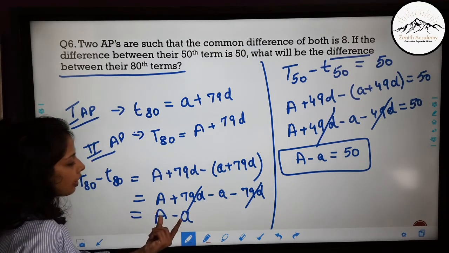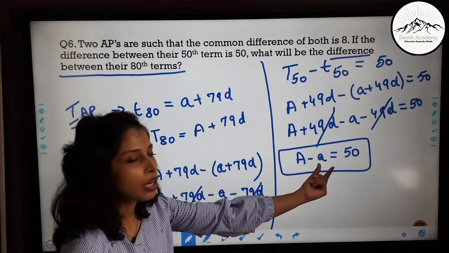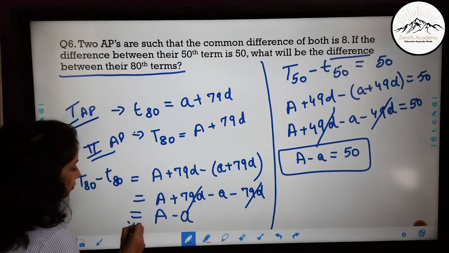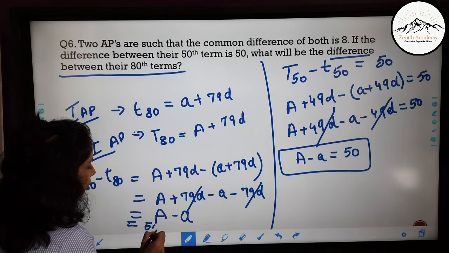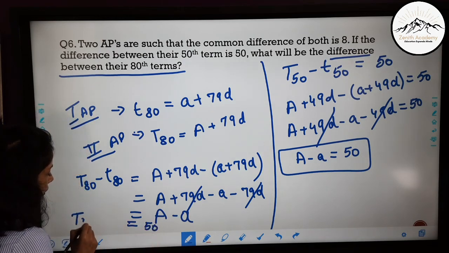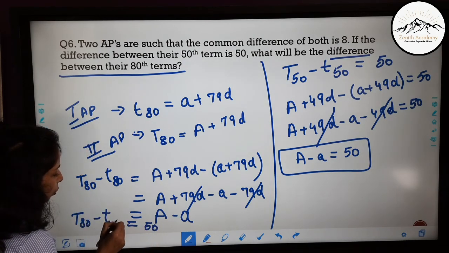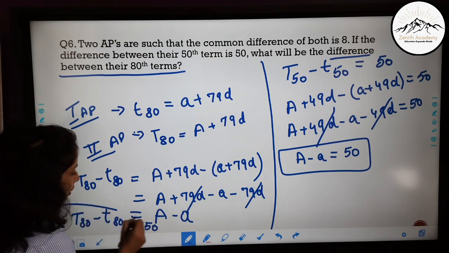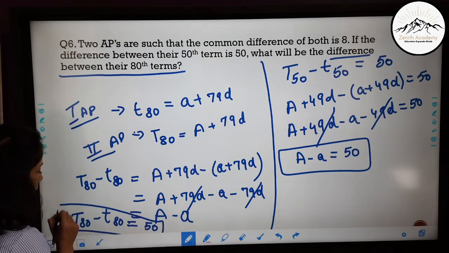Now, A minus a we found out as equal to 50. So the difference of the 80th terms of the two APs will be equal to 50.